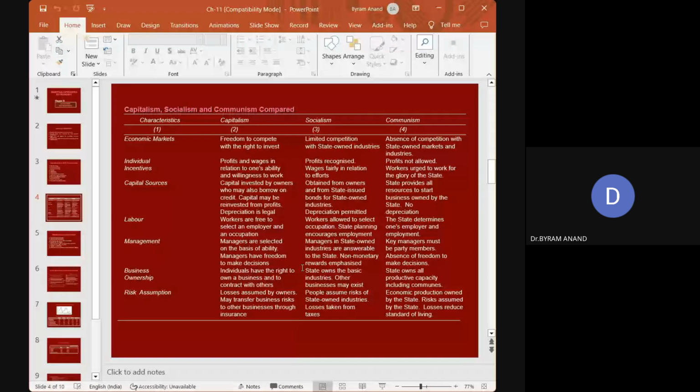Capitalist economy, for example, is America; socialist economy is a country which has state-owned industry, that is Russia; and mixed economy, the example is India.